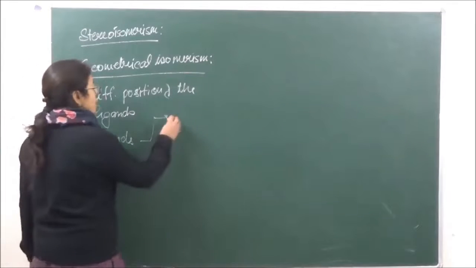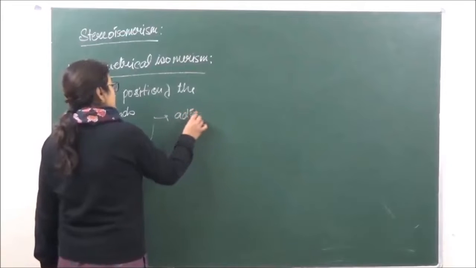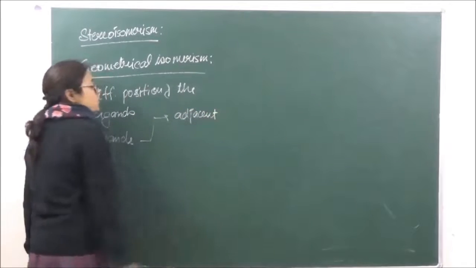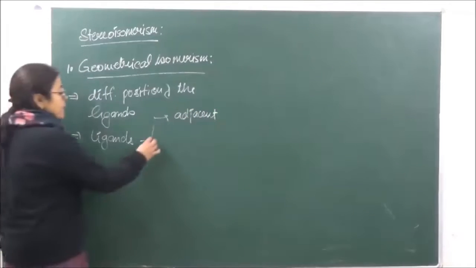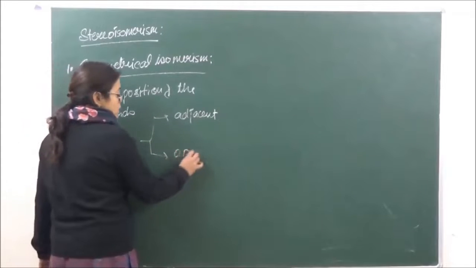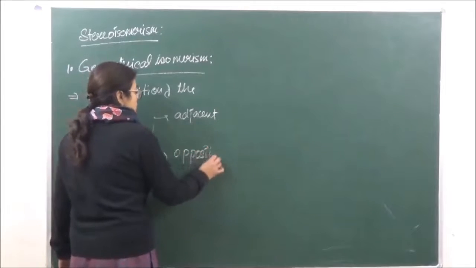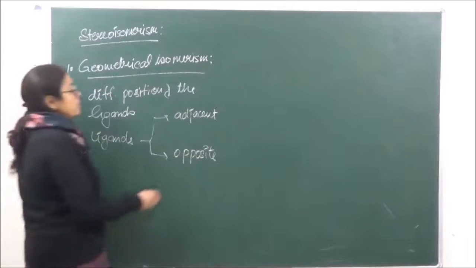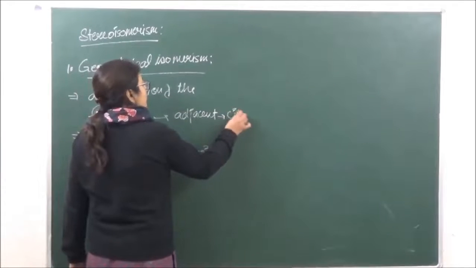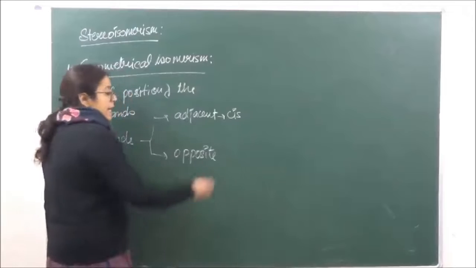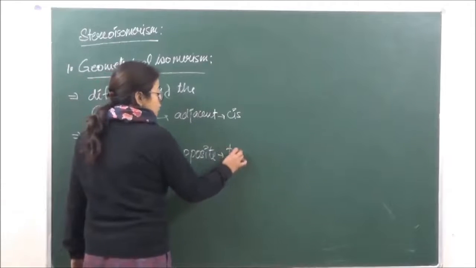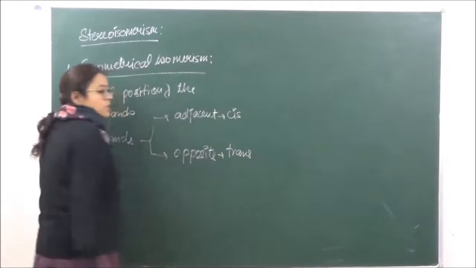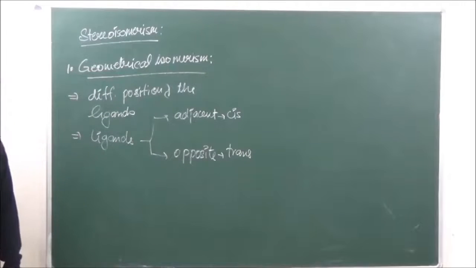So the ligands can occupy two positions. They can occupy positions adjacent to each other, or they can occupy positions opposite to each other. If they are occupying positions adjacent to each other, the isomer is known as cis. And if they are occupying positions opposite to each other, the isomer is known as trans. ठीक है?